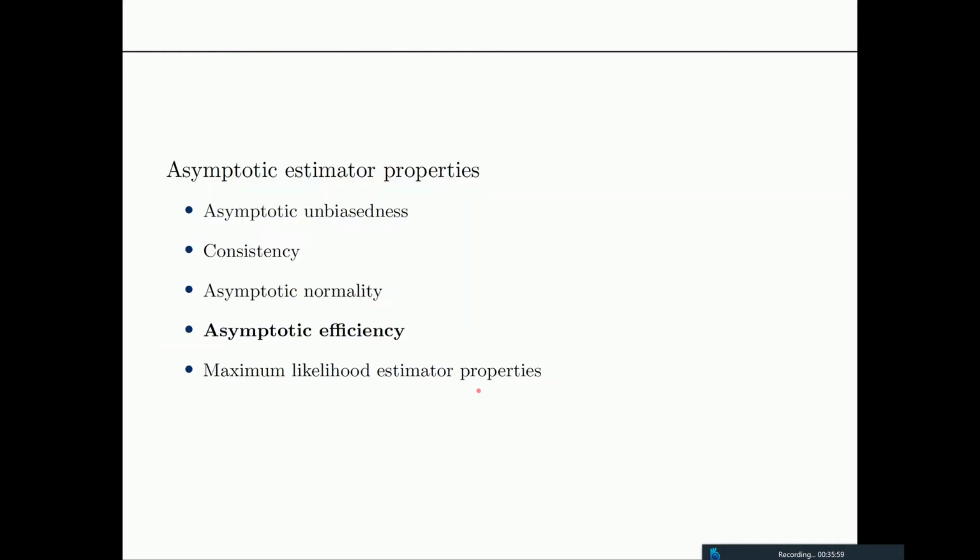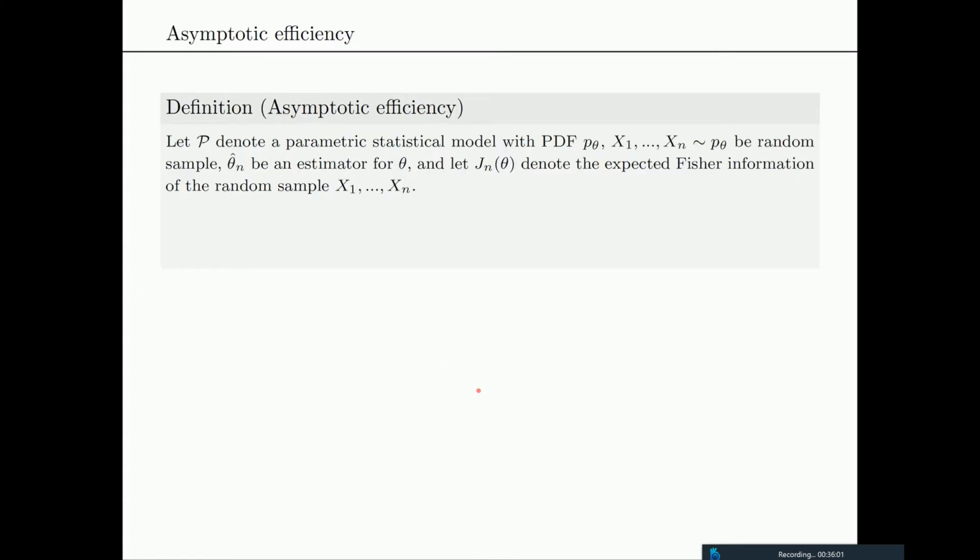Finally, asymptotic efficiency, before we talk about maximum likelihood estimators. So again, setting of a parametric statistical model, and now we also include the expected Fisher information of the random sample x1 to xn. Remember that we discussed expected Fisher information last time. It will come up in most lectures from now on.